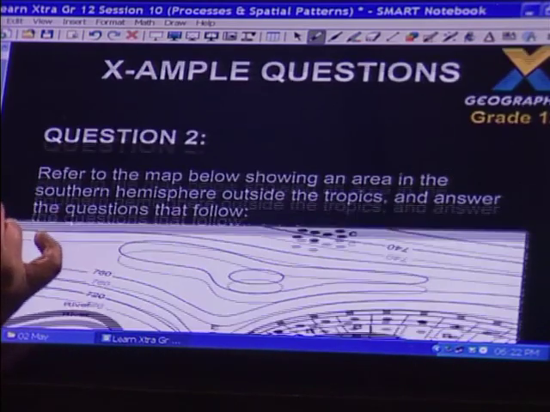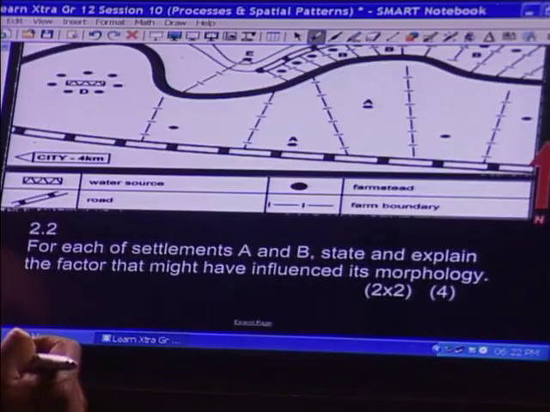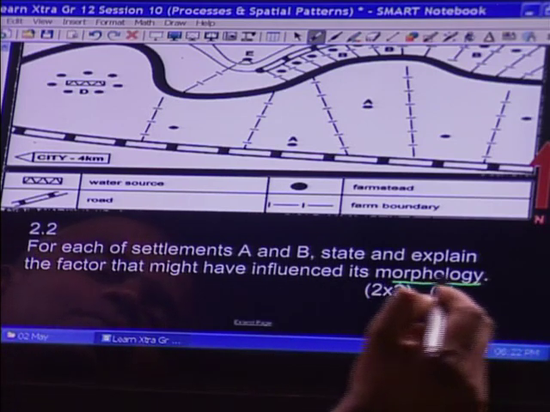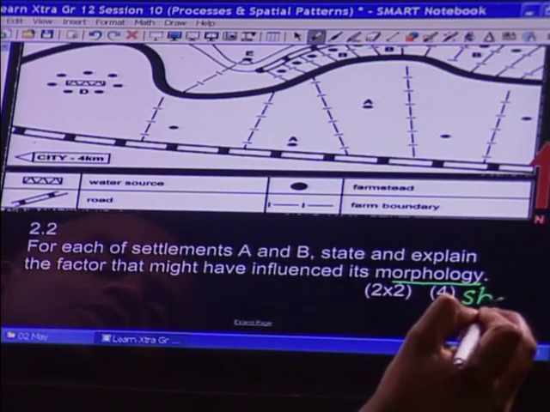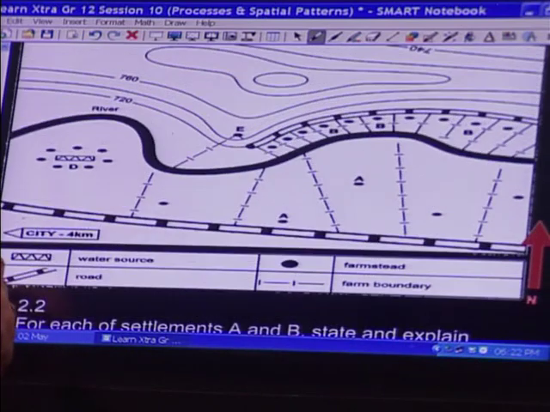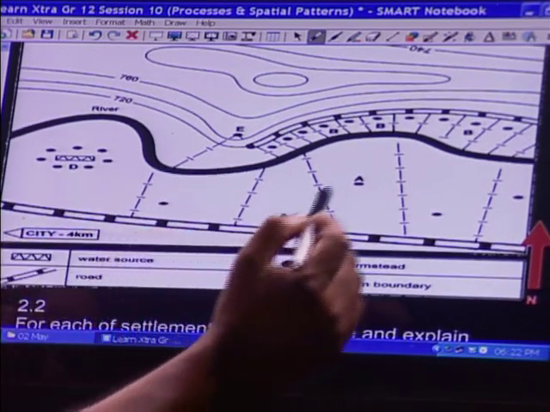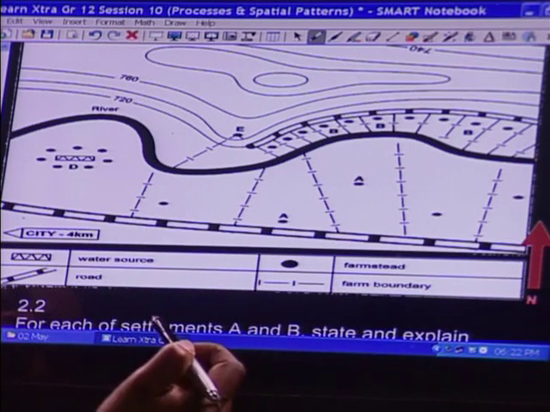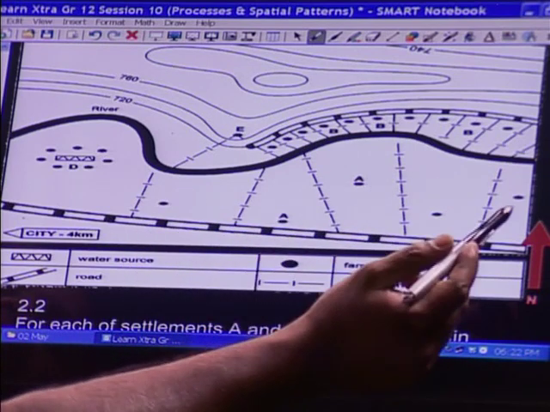Question 2, continuing, 2.2. For each settlements A and B, state and explain the factor that might have influenced its morphology. Remember, morphology is another word for shape. In this example, settlement A has already been referred to as a linear dispersed settlement.